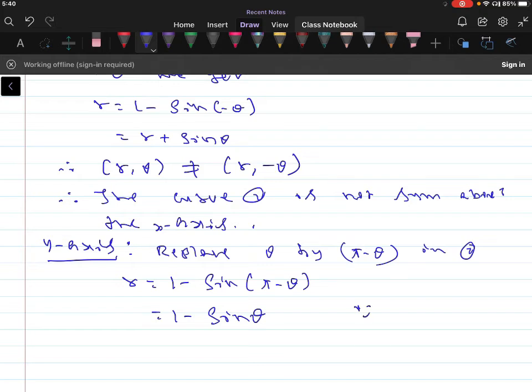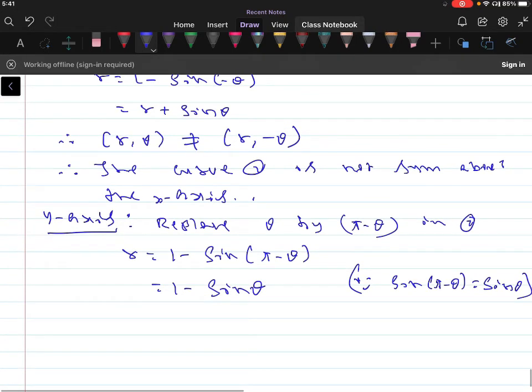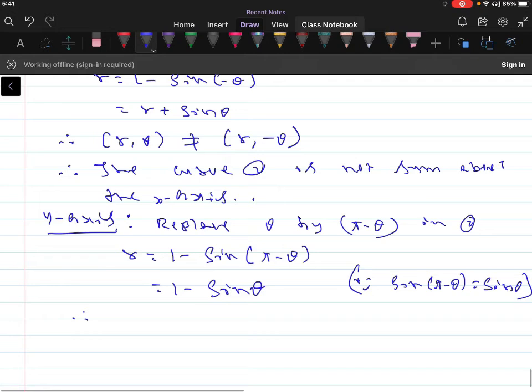Since sine of pi minus theta is equal to sine theta. In the second quadrant, sine is positive. Sine of 180 minus theta is equal to sine theta. So therefore, r of theta is the same as r comma pi minus theta.